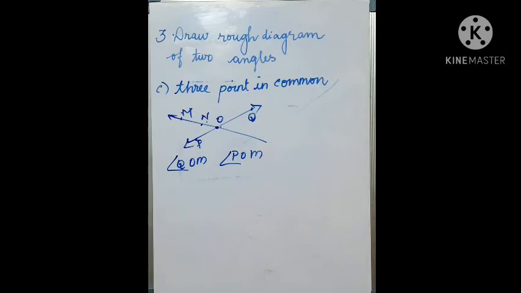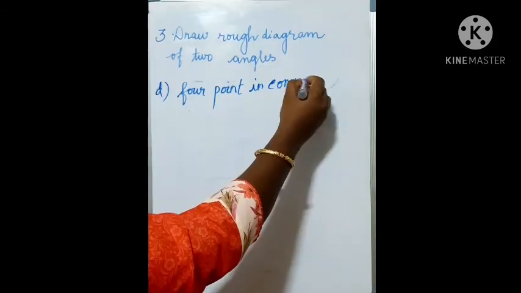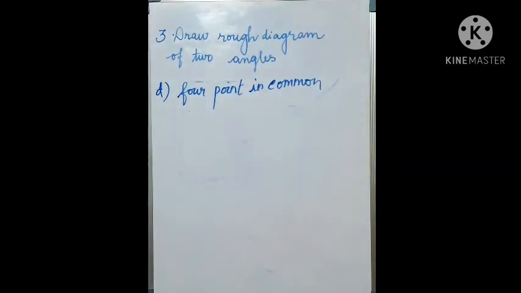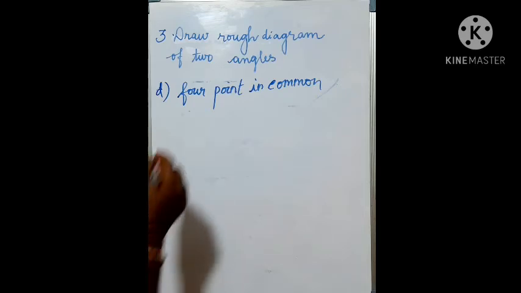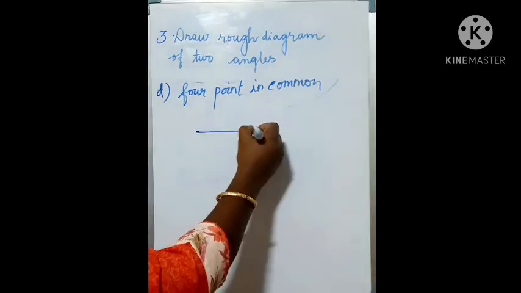Next, they are asking for 4 points in common. How to draw 4 points in common? So first you draw a line segment.